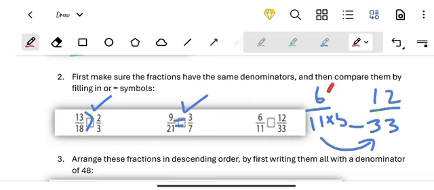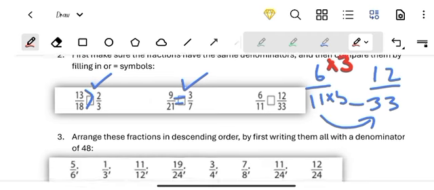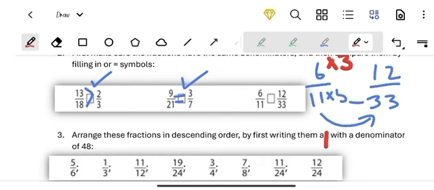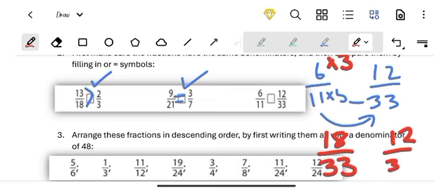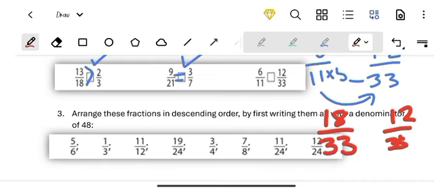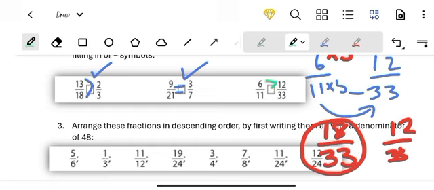So up here we say 6 times 3, which is 18. So we have 18 over 33 and 12 over 33. The bigger one between the two is this one, so that is going to be our sign. I hope this is making sense.